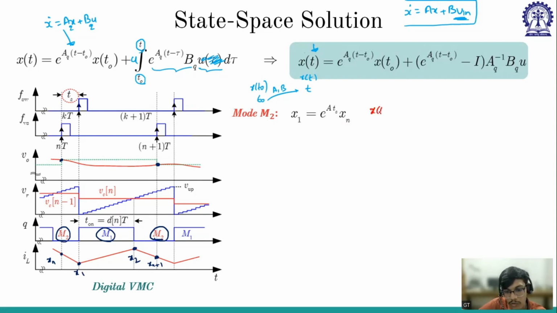I will get x of t is e to the power A into t minus t naught into x of t naught. Here my x of t is x1, and t minus t naught is the time difference, which is the sampling delay from this point to this point. So x1 is nothing but e to the power A Ts into x of t naught, which is xn. That's how I am getting x1 in terms of xn.